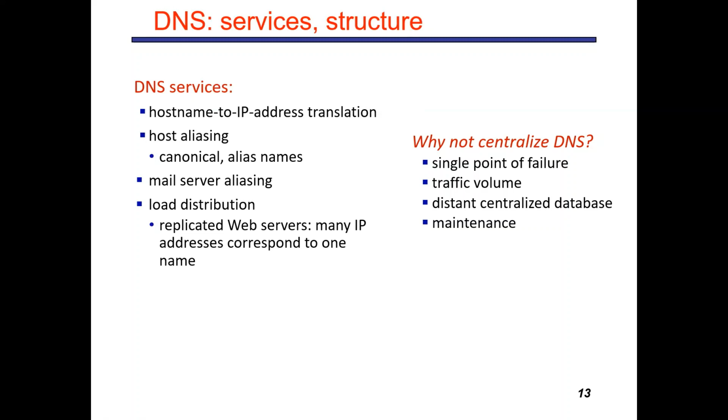You can check the canonical name of the host, and you can also check mail server aliasing by using the DNS service. If you use tools like DNS Recon, for example, or even NSLOOKUP, you'll be able to see what a canonical name is and what mail server aliasing is. Let me quickly show you in the command line how you can find this information by using programs like NSLOOKUP.